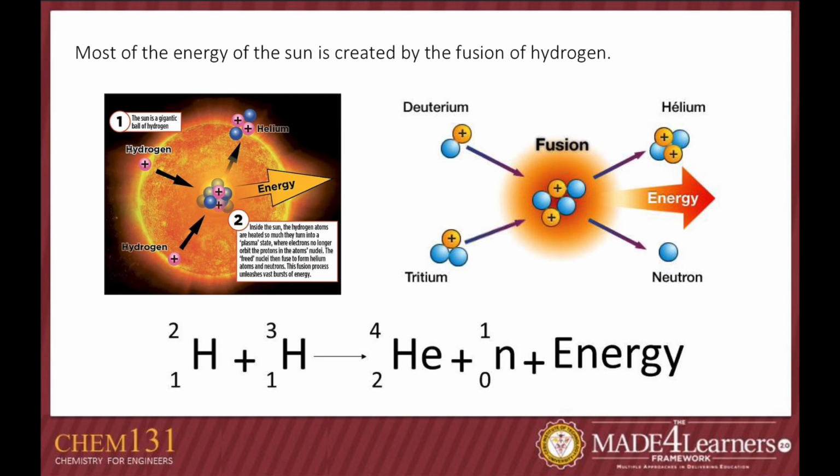Because of that, in the plasma state, the freed nuclei fuse to form helium atoms and neutrons, and the fusion process unleashes vast bursts of energy. To reach the plasma state, very, very high temperature and pressure are needed.